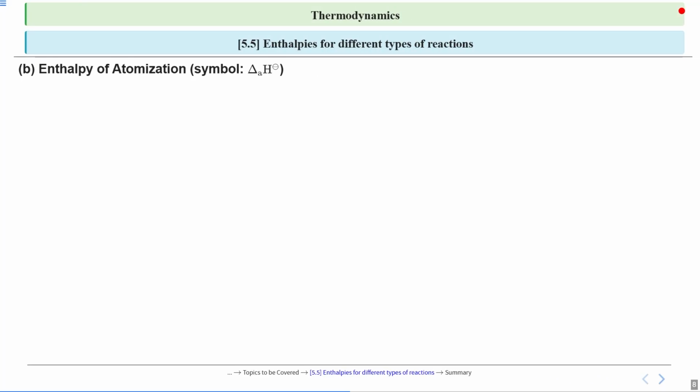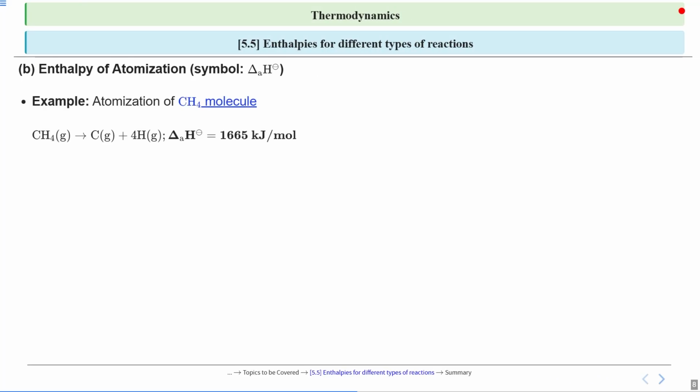Moving on further, we can take one more example. Suppose we are taking the methane molecule. Then what is the enthalpy of atomization? Again, here we are breaking 1 mole of methane, so we are specifying the molecule as 1 mole.